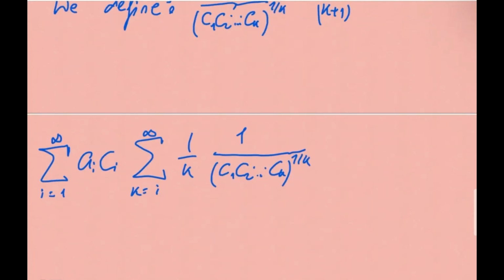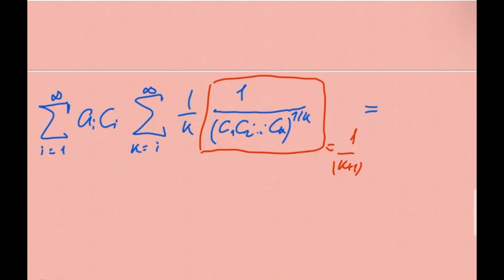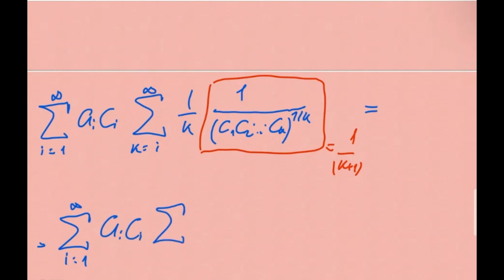And this is going to become 1 over k plus 1. Now we have the summation from i equals 1 to infinity of a_i c_i, summation of k from i to infinity of 1 over k times 1 over k plus 1.